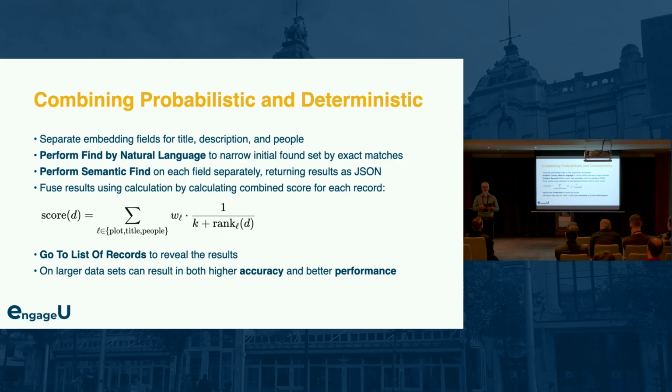So I could achieve the higher accuracy not only by using bigger models, but by using this combination of different approaches. And for some fields, like the age of the movie, when it was shot, instead of using semantic search, I could use find by natural language and let the AI just find those accurate values using the normal FileMaker search.